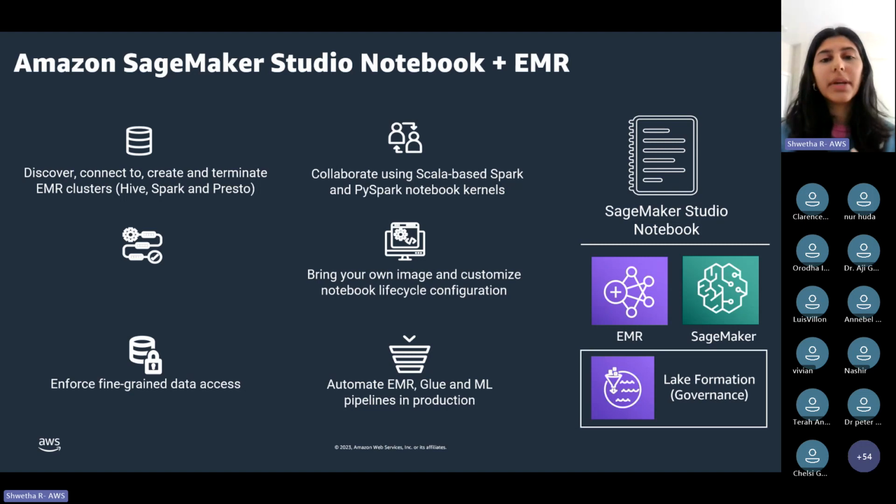You can also automate EMR, Glue, and ML pipelines in production concurrently. And again, enforce fine-grained data source access controls so that if you have a couple users in your enterprise that you don't want to have access to EMR or specific Studio notebooks, you can enable that as well.